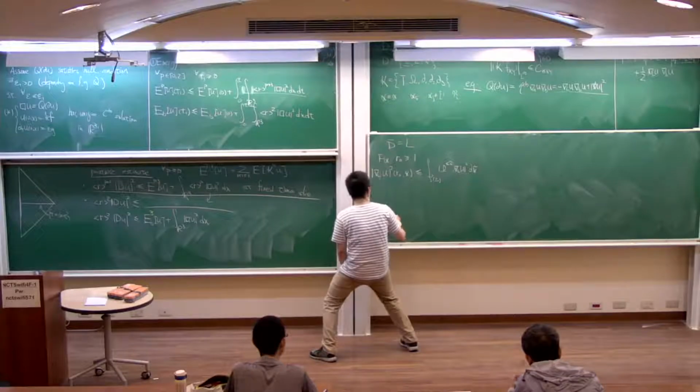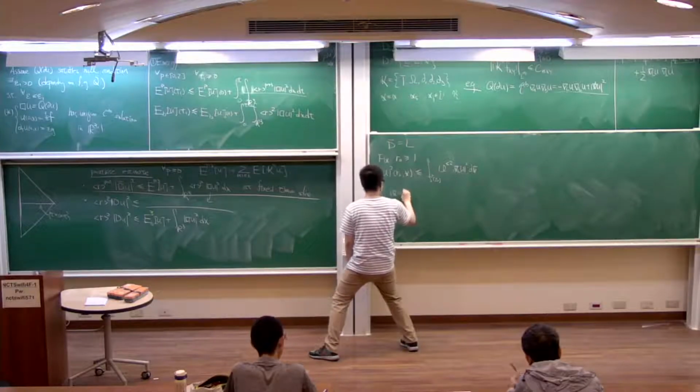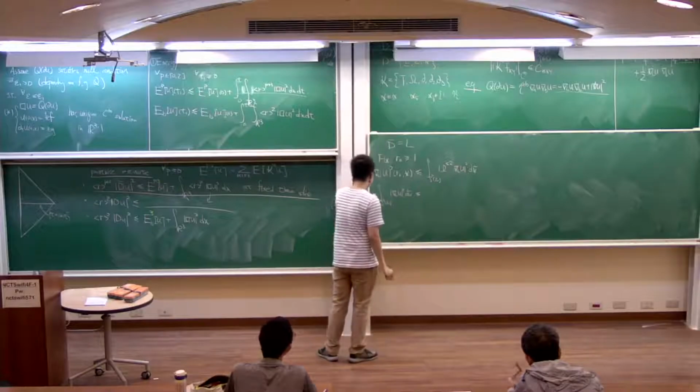Let me focus on the base term, which is the L2 norm of gradient Lu, R naught gradient Lu squared dv tilde. The thing is, that's the same trick.